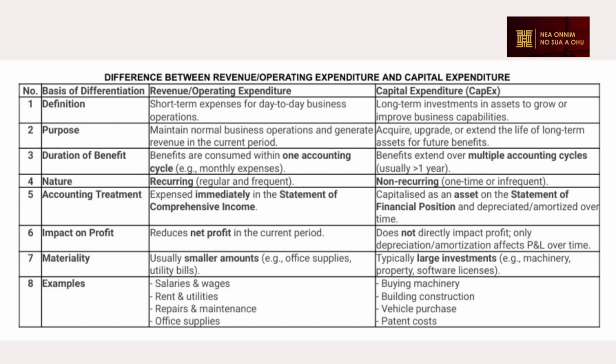Now let's look at the fourth basis of differentiation, which is the nature of the expenditure. When it comes to revenue or operating expenditure, these are regular expenditure. And what I mean by regular is they are recurring and frequent.